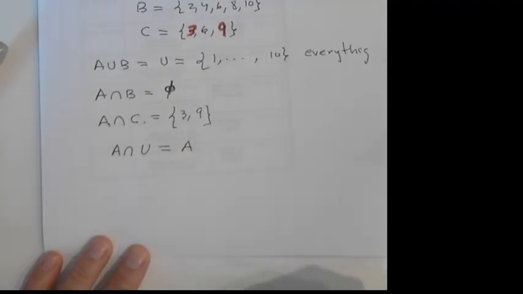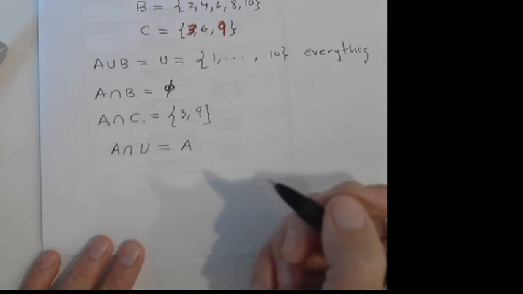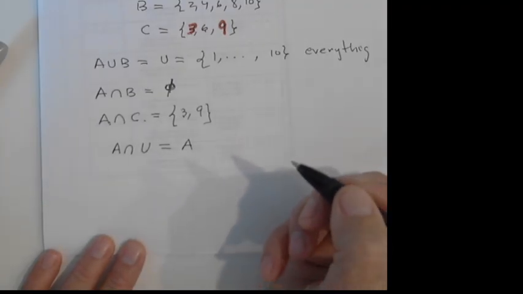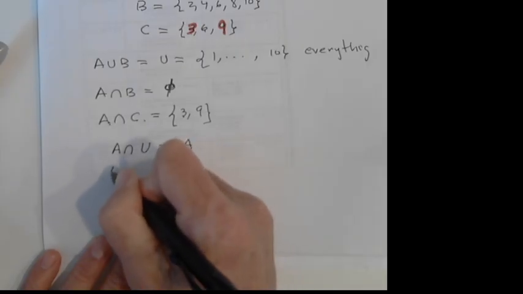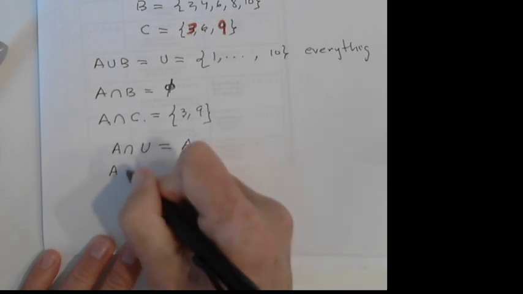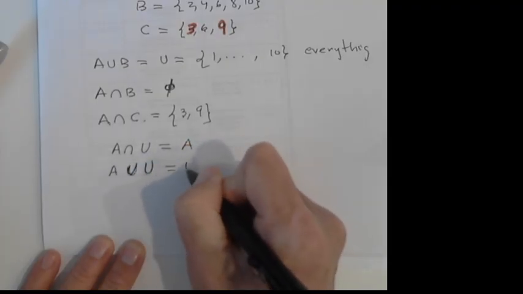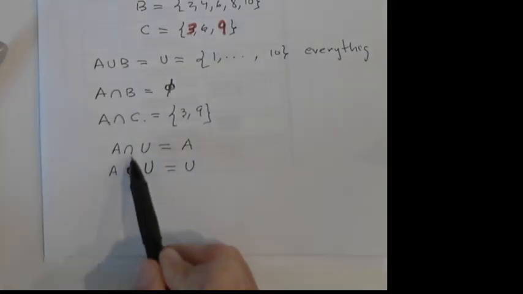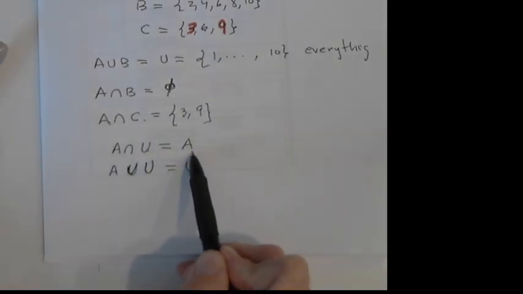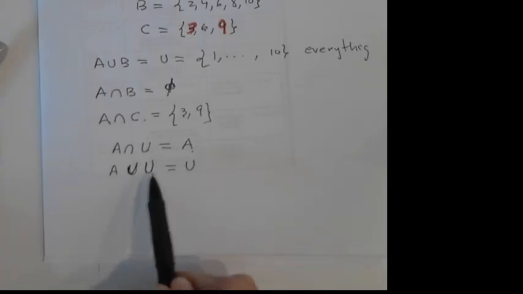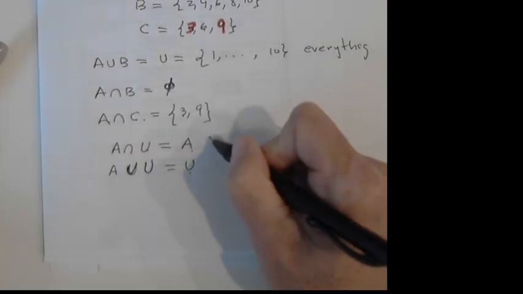You're going to see this, and you're going to see that A union U is U. So the intersection with the universe is the set itself, and the union with the universe is the universe. So check it out.